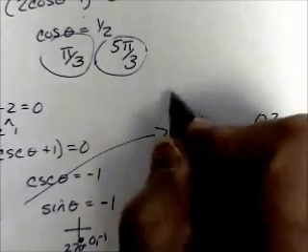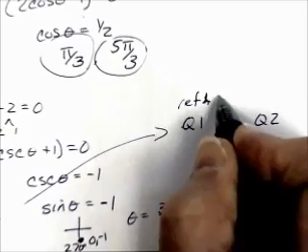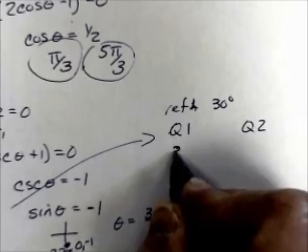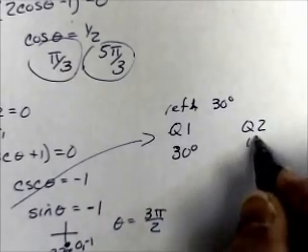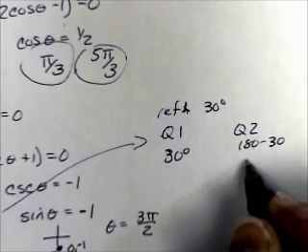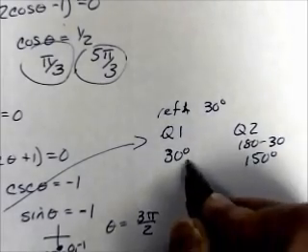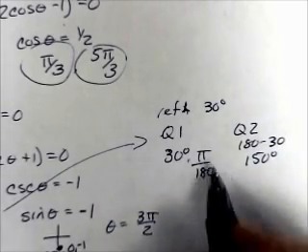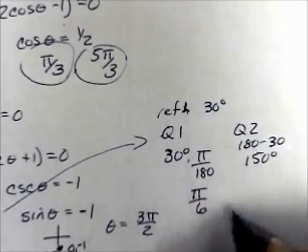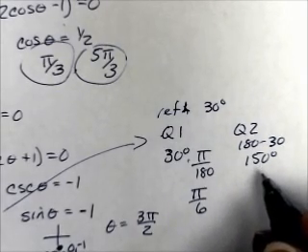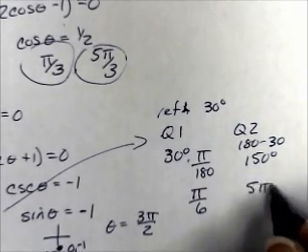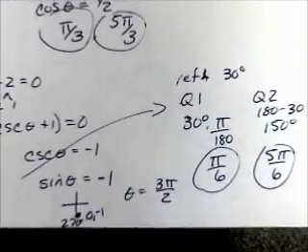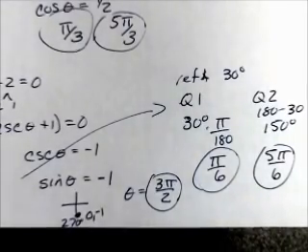So our reference angle is 30 degrees, which would be its own angle measure in quadrant 1. And in quadrant 2, we're looking at 180 minus 30, which is 150. Convert these to radians by multiplying by pi/180. I'm just reducing. So that's pi/6 radians and 5 pi/6 radians. And let me go back and circle. There we go. So 3 values for theta.